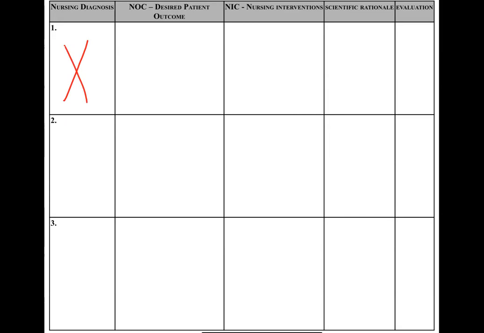Now, the next stop over, your NOC, N-O-C, desired patient outcome or goal. Your goal is what you want to achieve. And if we go back to that headache situation that we discussed before, where a patient comes in with a headache, well, in that case, your overall goal is to take away the headache, right?